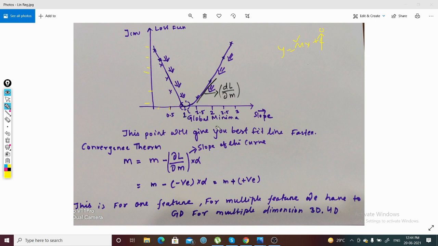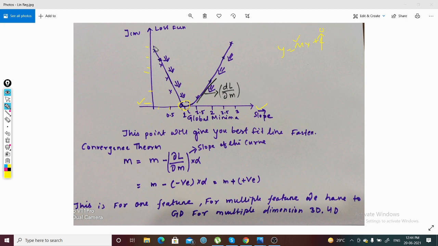So how do we find the optimal coefficient values, the optimal slope, which gives me the least loss in order to get our best fit line? Let's see how we're going to do that.